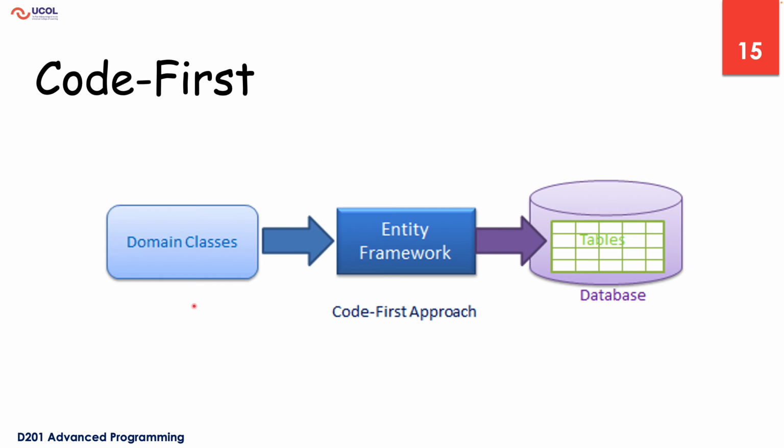With domain classes, we define the data model as a class within our application, and then Entity Framework automatically converts those classes into the tables and rows of the database, and it will create that specific database as well as the tables within the application database, RDBMS and so on. Okay, so this is the second approach.